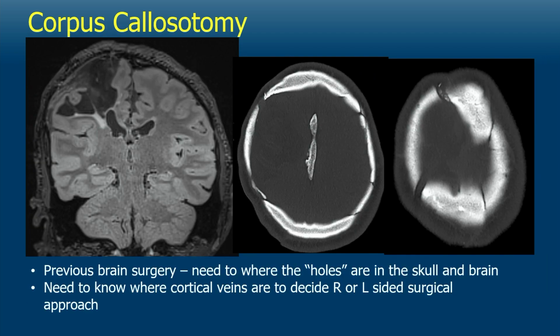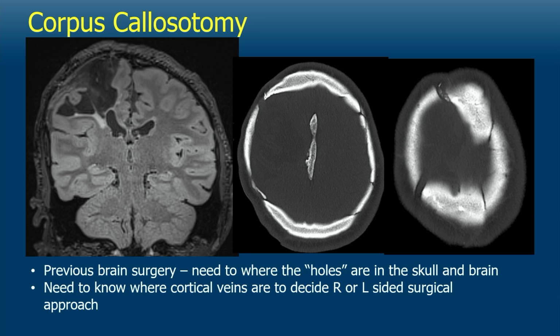Okay, let's have a look at another case. This child had previous brain surgery for another reason not related to epilepsy. Here you can see the hole in the brain related to previous surgery, and there is also a hole in the skull from previous surgery.